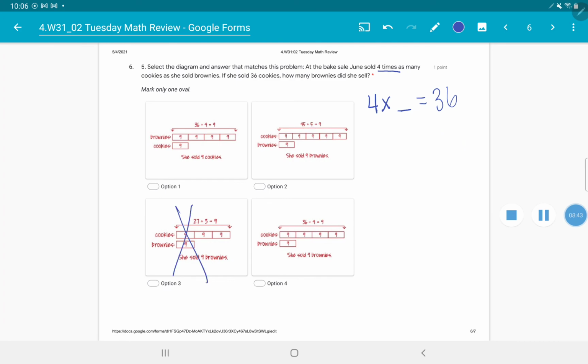And I looked at option 1, and it said cookies instead of brownies. Very good. So we know that she sold 36 cookies. It shows us that in option 4. And so we're looking for 4 times what would equal 36? Or we could turn that around to a division fact. 36 divided by 4. And we would get 9 as our answer. Option 4 is correct.